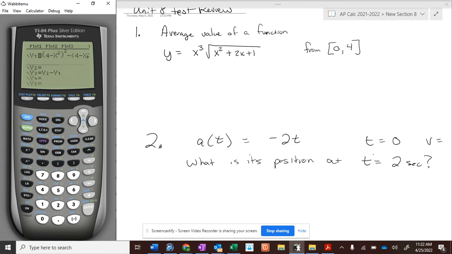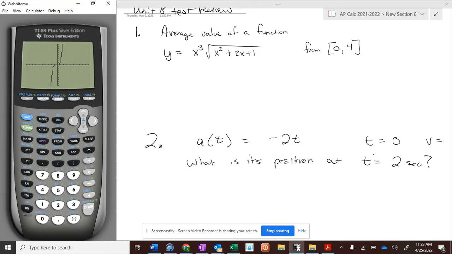Y equals. Clear out what's in there. X cubed times the square root of x squared plus 2x plus 1. We graph it. Now what do?